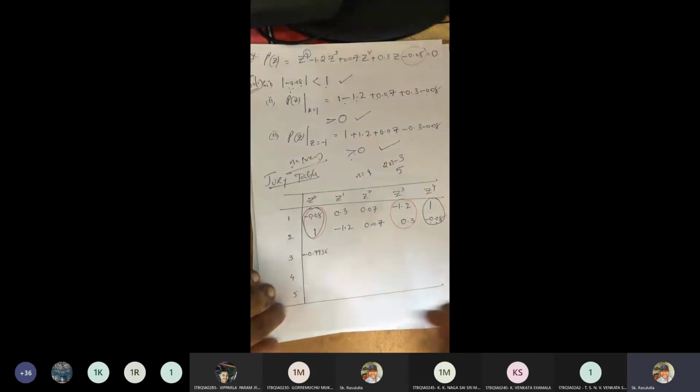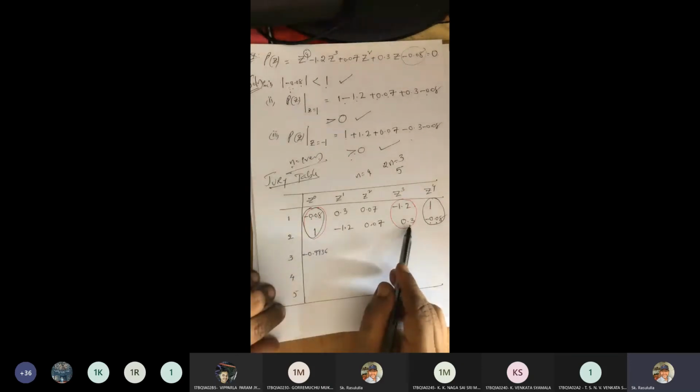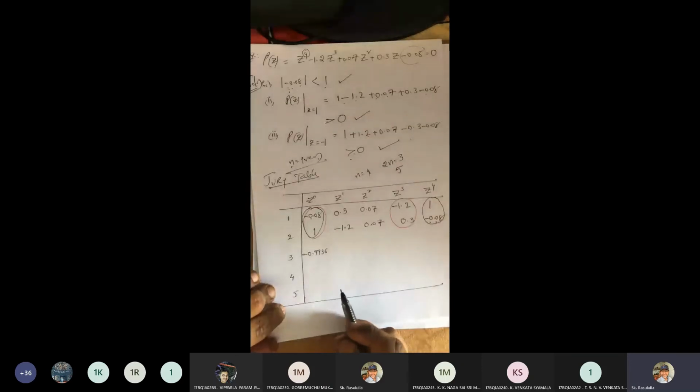Next, coming to the second one, we'll consider the first one and the last but one. Minus 0.08 into 0.3, that is the minus value 0.024. Minus of minus, plus 1.2.